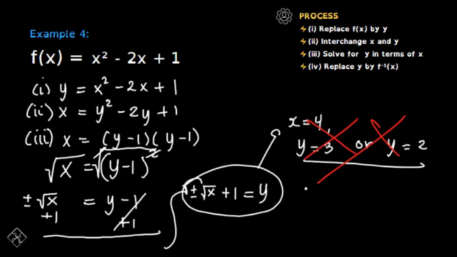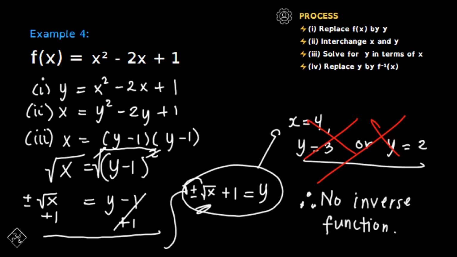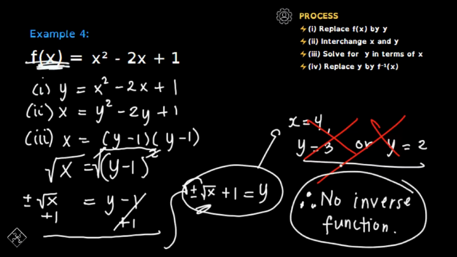So, therefore, kapag meron kasi tayong 2 or more answers in this case, ang possible answer in this particular given ay wala tayong inverse. Okay? So, no inverse function in this particular function. Wala siyang inverse function. Okay? So, that's gonna be your final answer in this particular given.